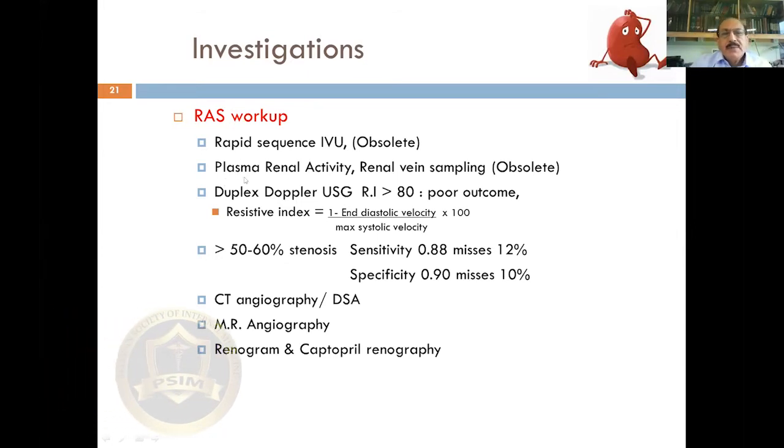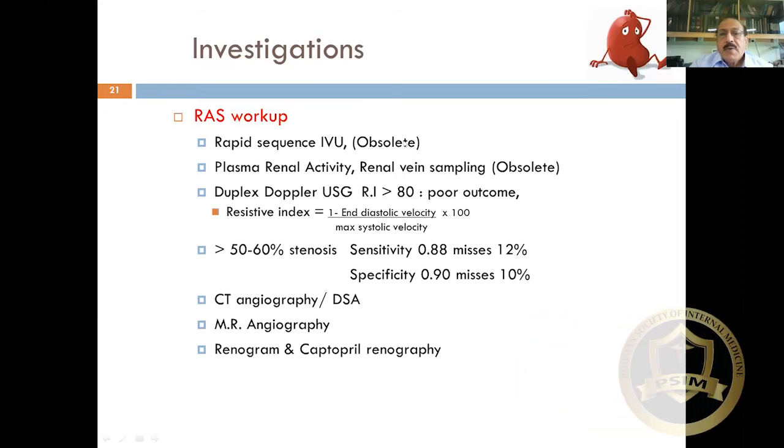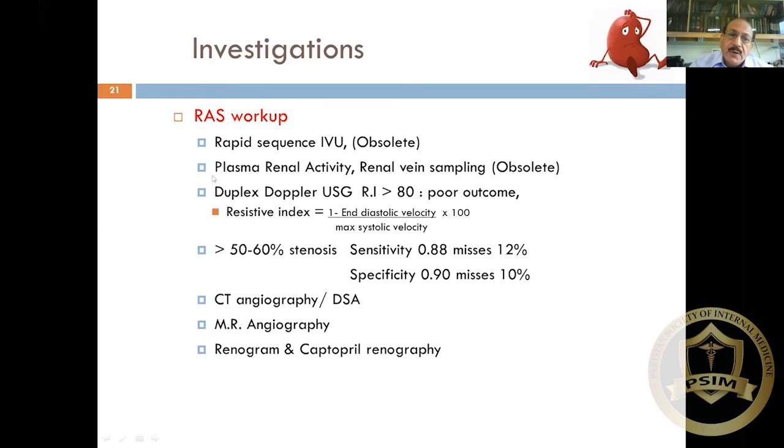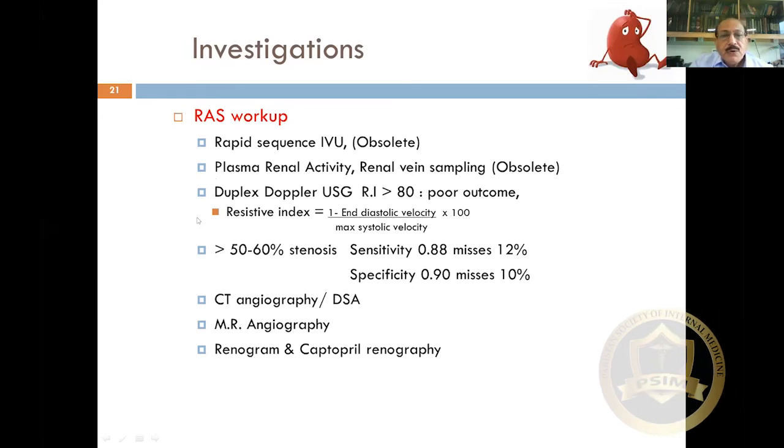But a bit cumbersome. We used to request renal plasma renin activity and do the samples at various intervals after giving captopril, or do a renal vein sampling. These have virtually become obsolete because, with the advances in physics, we've got better tools.